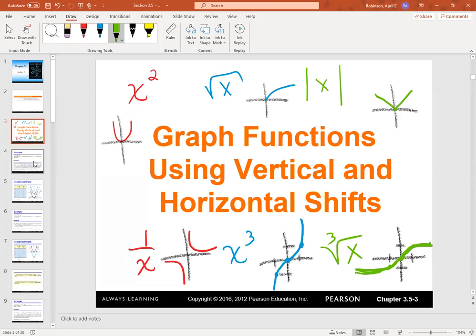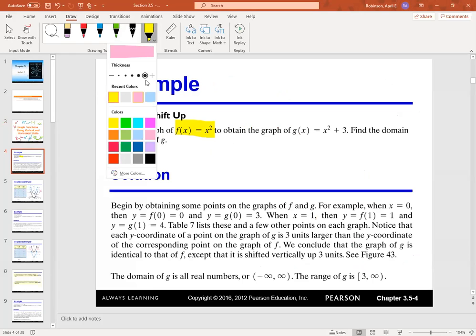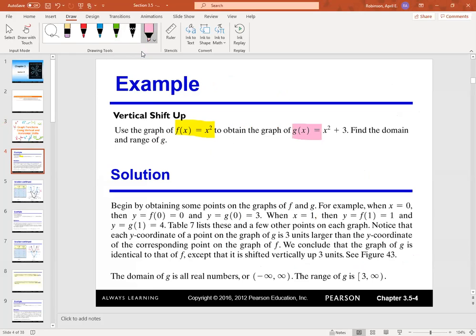I don't think we did anything else. All right. So when we're going to shift them either vertically or horizontally, it's going to be those basic graphs, except they're either going to go up or down for vertical, or they're going to go left or right for horizontal. So the first one that they give you says use the graph of f of x equals x squared to obtain the graph of g of x equals x squared plus 3.